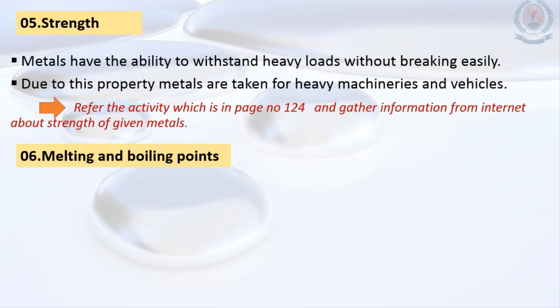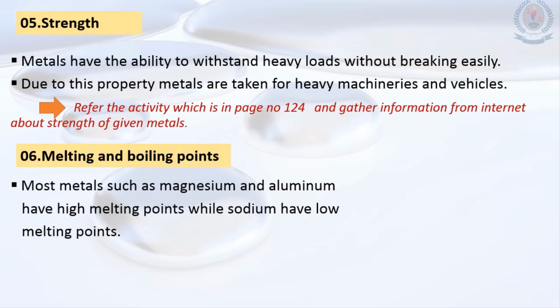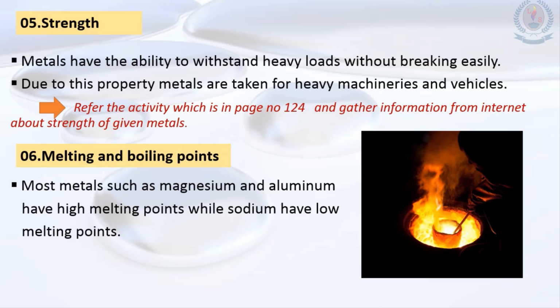If you remember, in that table we talked about many things regarding the melting and boiling points of metals and nonmetals, right? So we are going to find out what kind of melting and boiling points metals and nonmetals have. Most metals such as magnesium and aluminium have high melting points, while metals like sodium have low melting points.